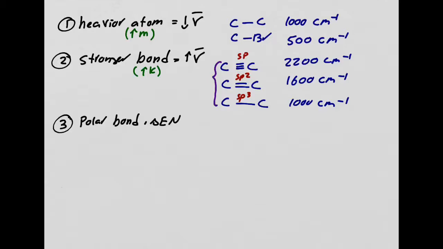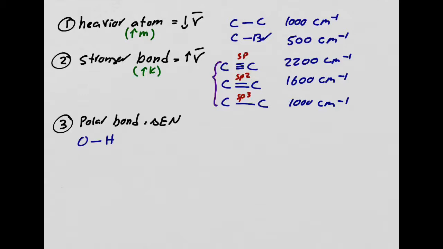For example, OH is a polar bond, right? Oxygen is a lot more electronegative. So this is my polar bond because oxygen is going to pull electrons toward itself. That's what it means by polar bond, right?